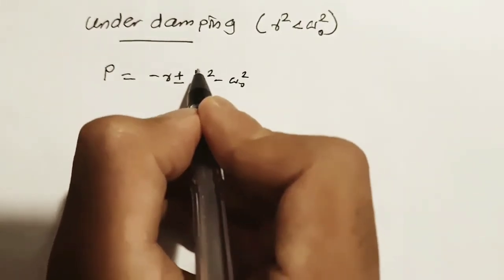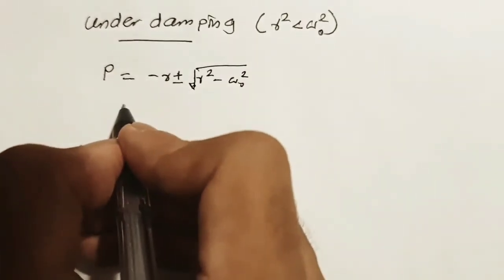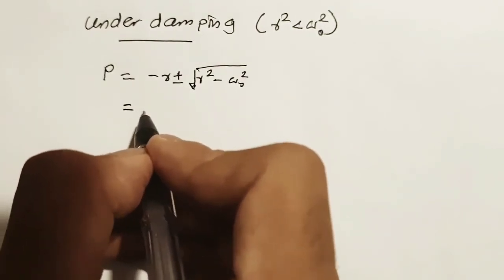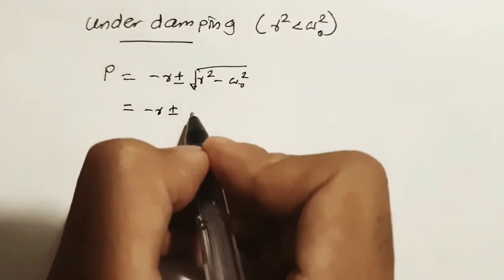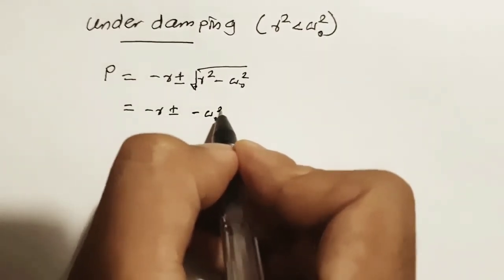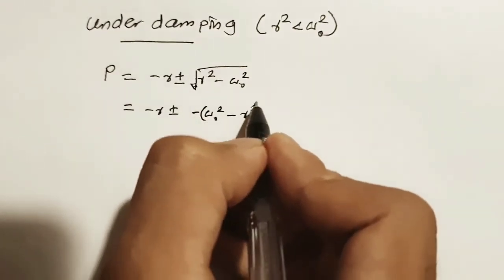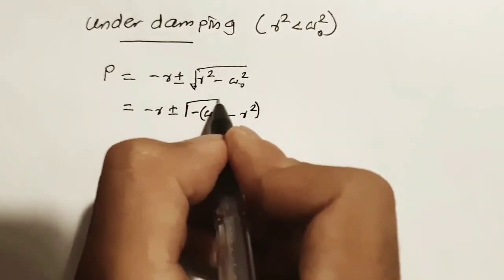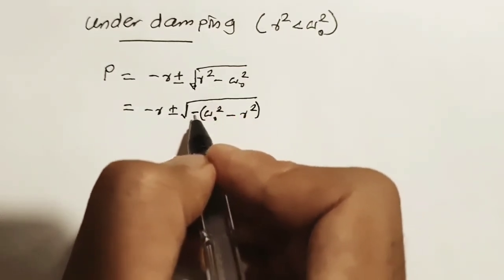As this term should be negative, we can take the minus out as minus gamma plus or minus the square root of omega naught squared minus gamma squared, with an i. None of these terms would be different from before, because here we have a negative term and that negative term would be taken out here.